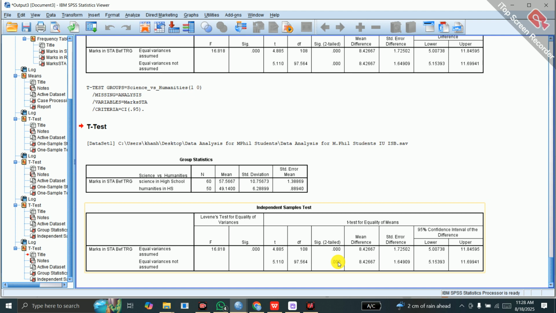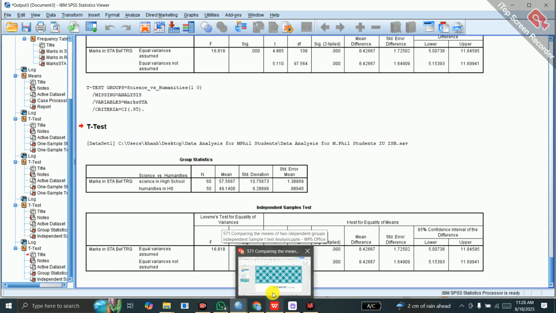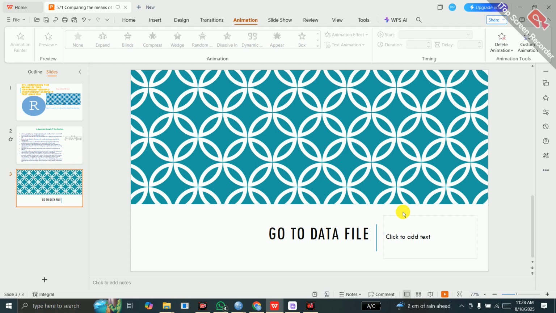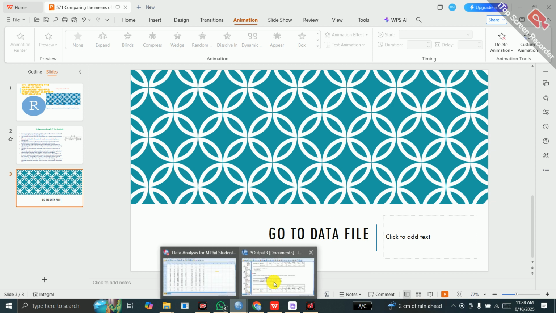So it means that the difference between the two means, that is the mean of those who studied science in high school and those who studied humanities in high school, is statistically significant. Ladies and gentlemen, as I told you earlier, although this formula of independent sample t-test looks very complicated, it is straightforward and very simple, and using software like SPSS we can easily calculate the difference between the two means.